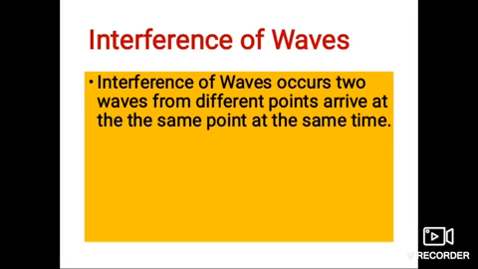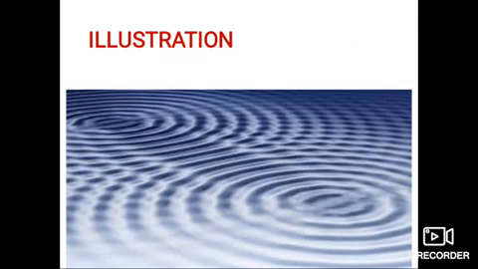And the waves must be similar for interference to take place. You cannot have interference of water waves and sound waves. Interference only takes place when there are two similar waves. For example, water waves and water waves are interfering, they are meeting. Or sound waves and sound waves are meeting and interfering.